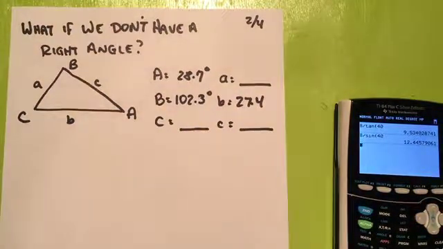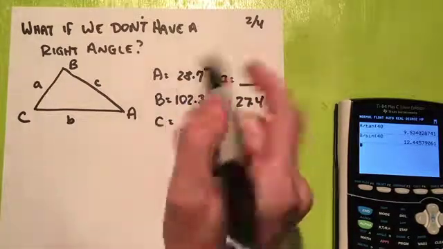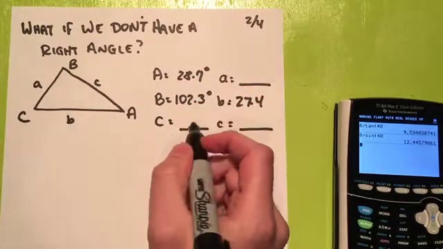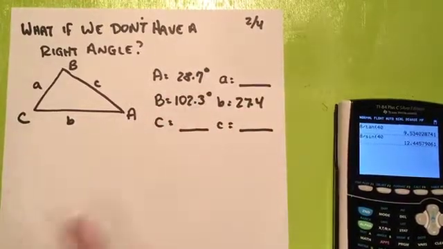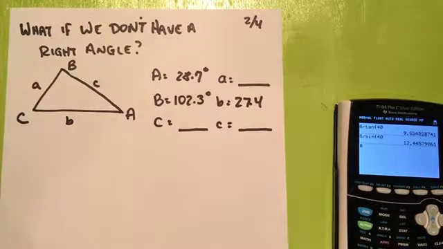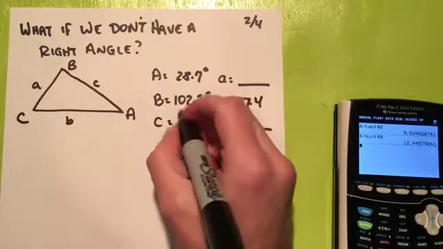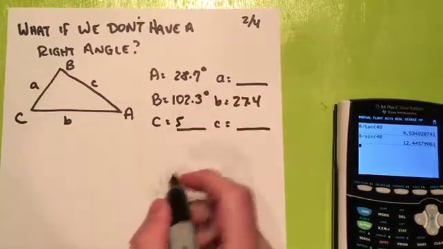But what if we don't have a right triangle? Now, two angles and a side. Same thing as before. We've got 28.7, 102.3. Together, that gets us 131 degrees. Well, we can figure out the rest. That's going to be, what, 49 degrees?